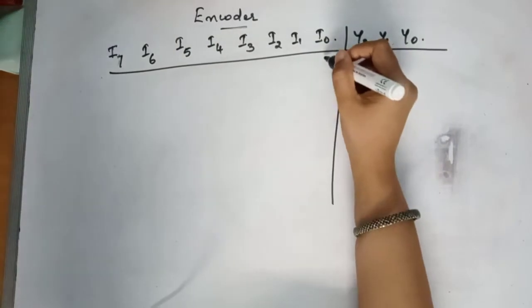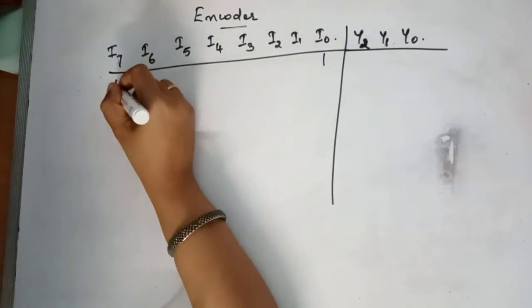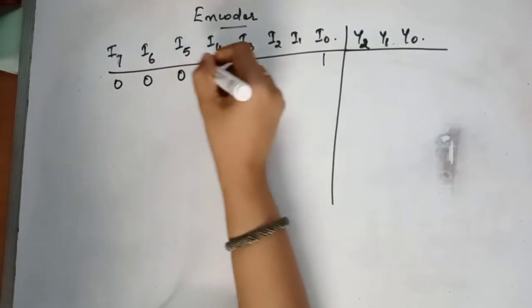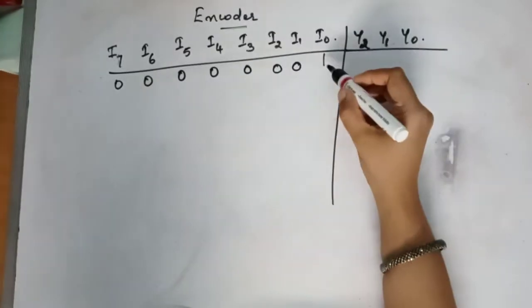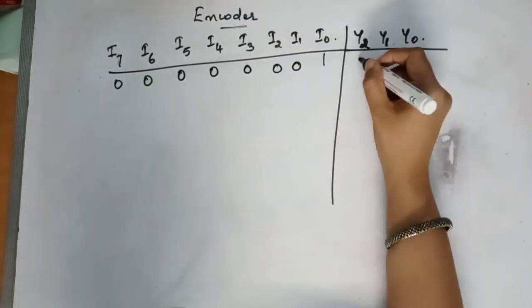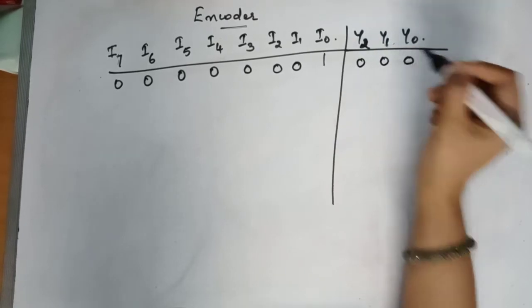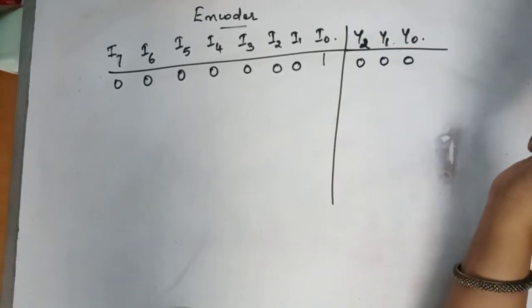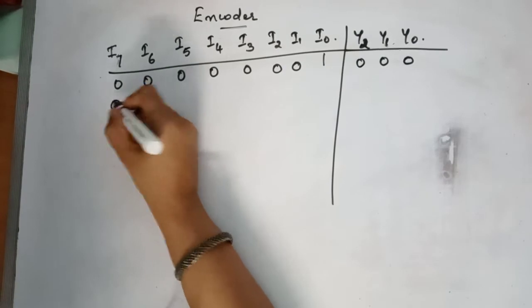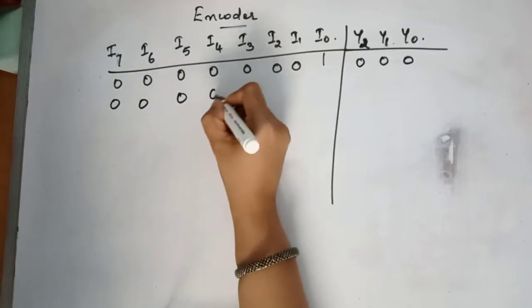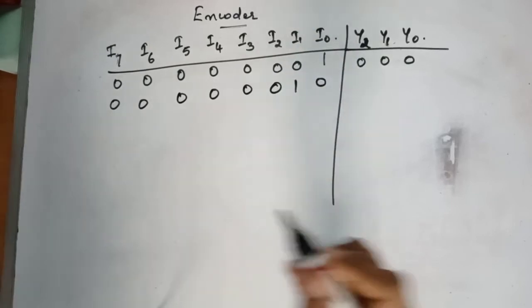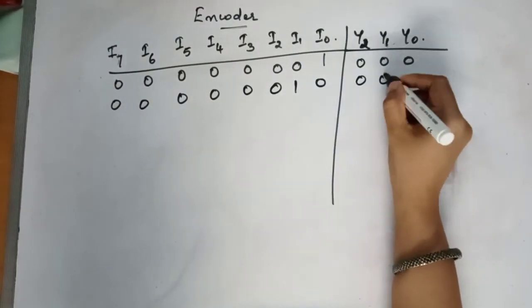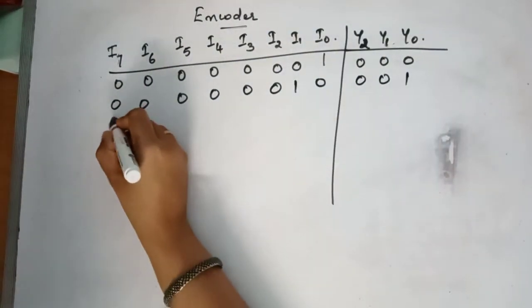So if I0 is 1, all the others are 0. I0 being 1 means here you have 0, 0, 0. That is my output. Then next case is I1 is 1. So my output is 0, 0, 1. I2 is 1.